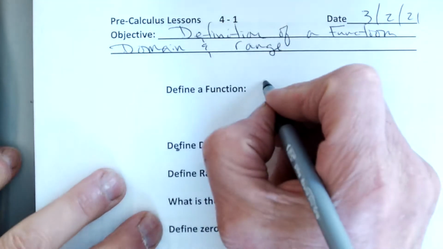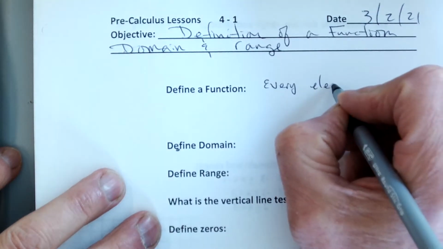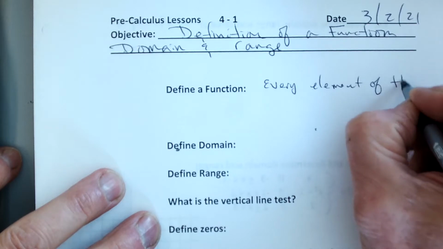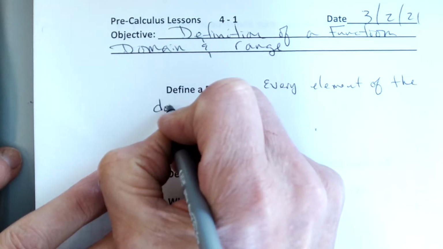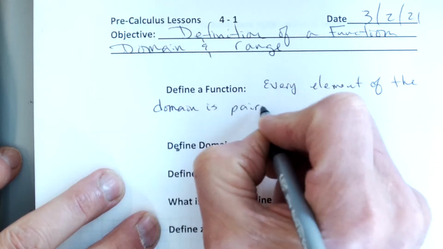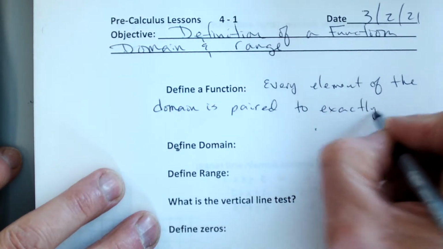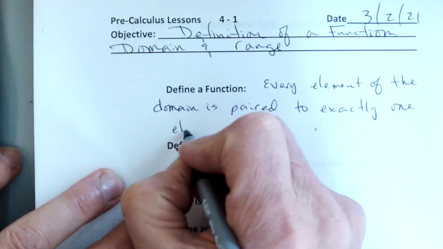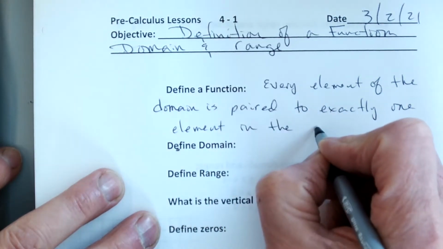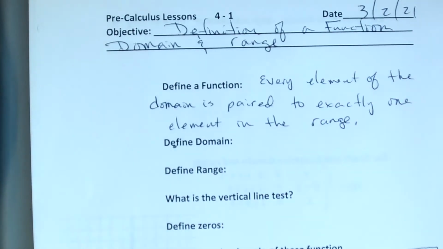We're going to say where every element of the domain is paired to exactly one element in the range. Okay, that's the definition you're probably going to see in most math books.